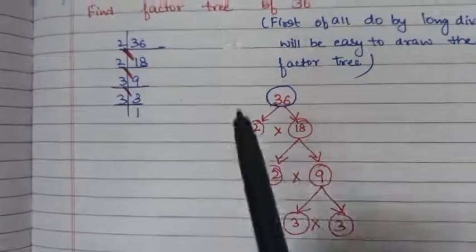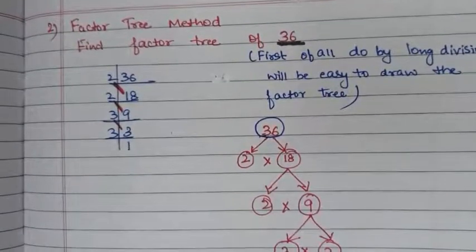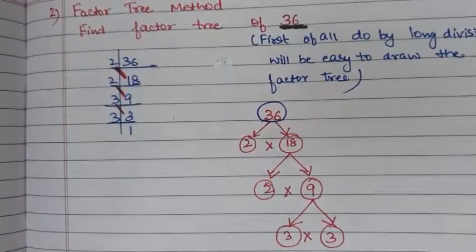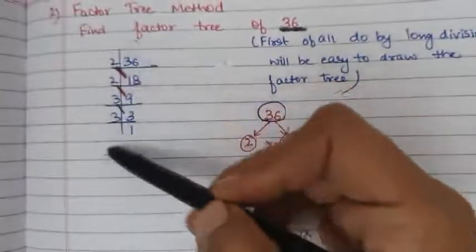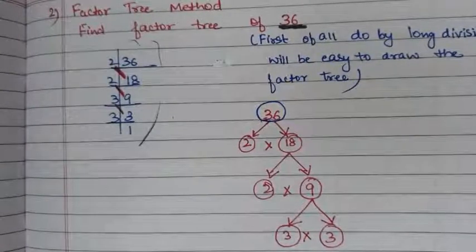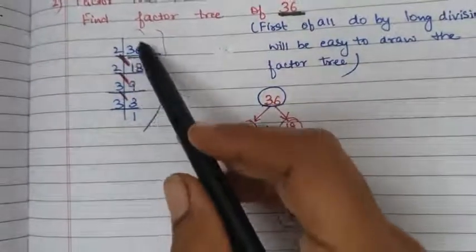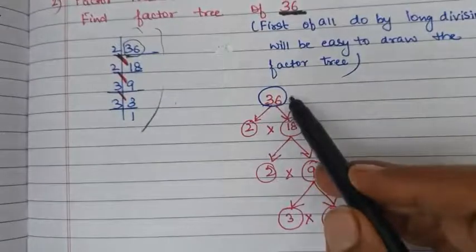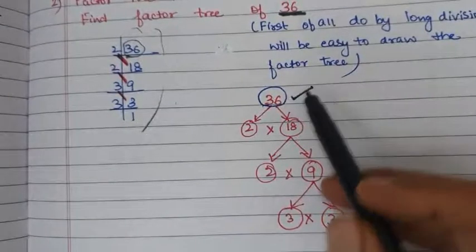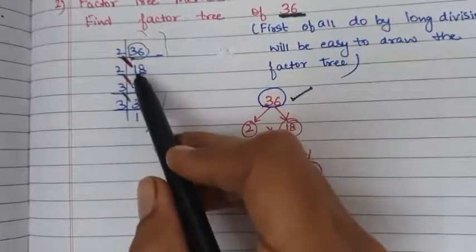We have to draw the factor tree of 36. So what we have done first? We have done it by prime factorization method. So now start from this number. We have written in the circle. Then diagonally you have to see 2 into 18.